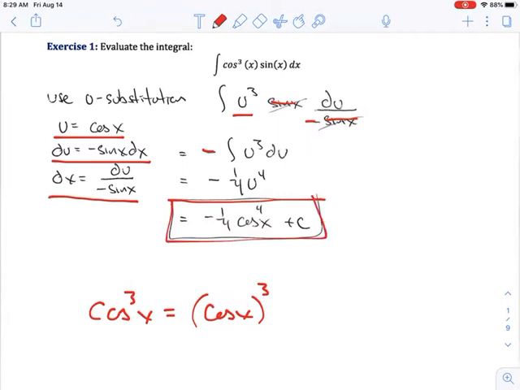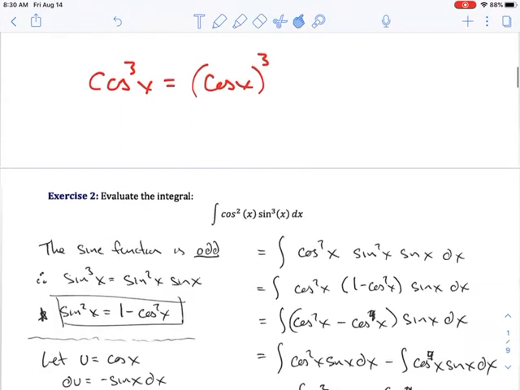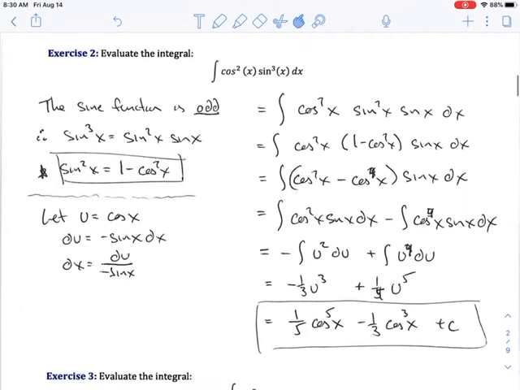So again, the strategy here is, if you have sine or cosine, one of the functions is raised to a power other than 1, and the other power is just a single power, then you can use U substitution. But that is not always going to be the case. So in example number 2, we see that cosine is raised to the second power, sine is raised to the third power.